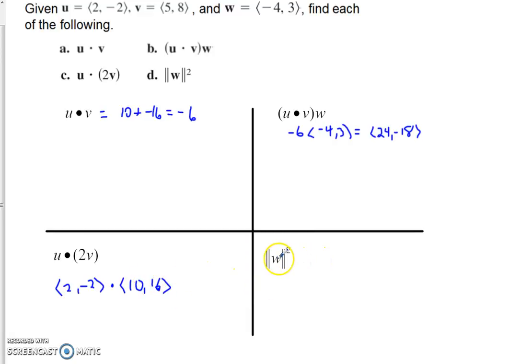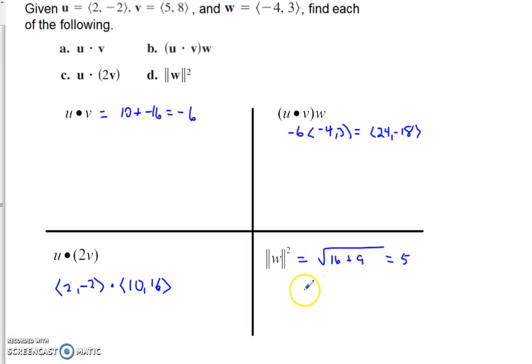And finally, the third one, the magnitude of w squared, which is equal to, well, the magnitude of w would be negative 4 squared is 16 plus 3 squared is 9. Square root of 25 is 5.